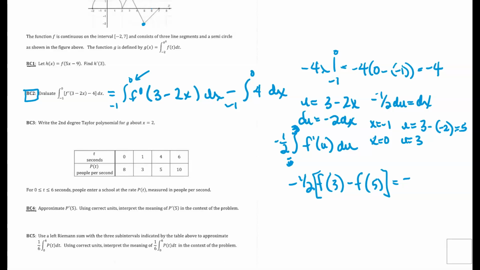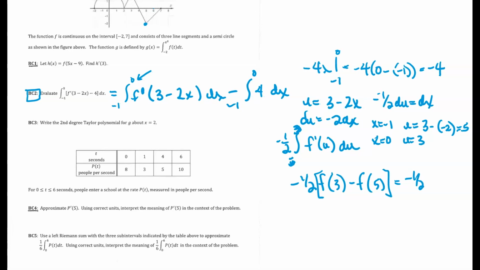So I have -1/2 and I have 2 minus a -2, which is 2 plus 2, which is 4. So -1/2 of 4 is -2, and we have the -4 here and the -2 here, and our answer is -6. Box, and let's go.